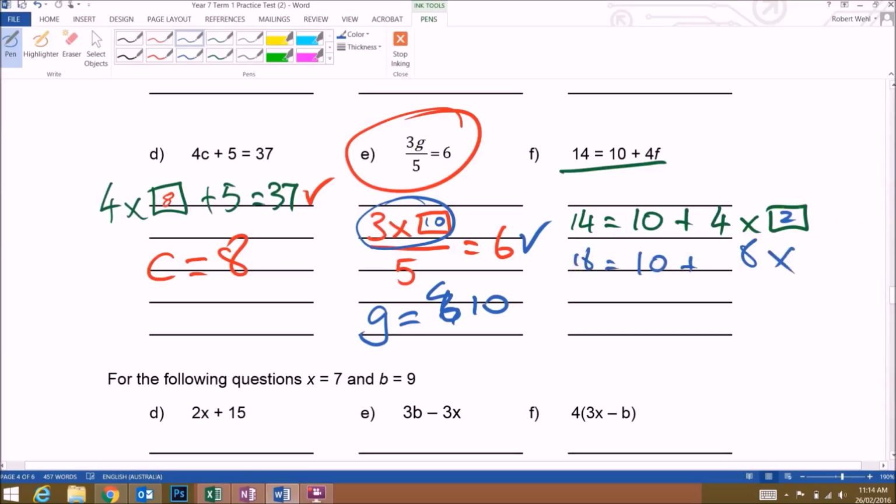That's incorrect. 2 does not work. So let's try again. Let's go 4 times 1. Okay, we need a smaller number. So 4 times 1 equals 4, and 10 plus 4 equals 14. So that means that F equals 1.